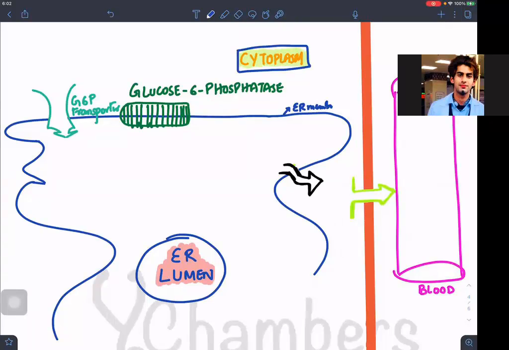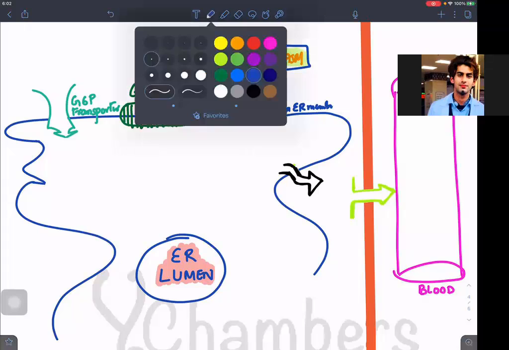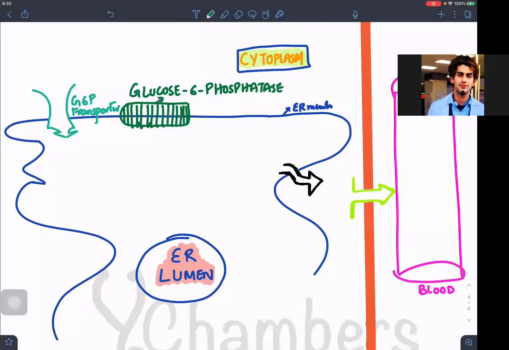Can you see the glucose 6 phosphatase enzyme which I have drawn is not present in the cytoplasm. It is not directly in the cytoplasm; I would rather say it is on the ER membrane.